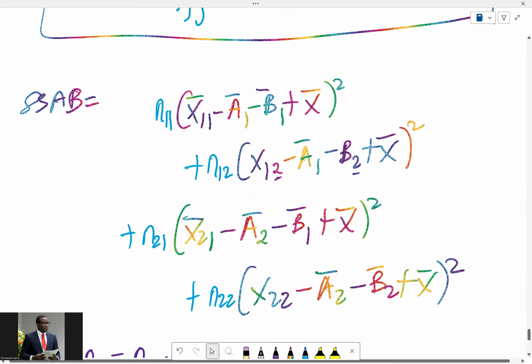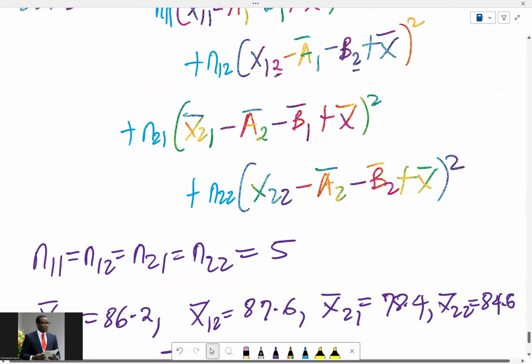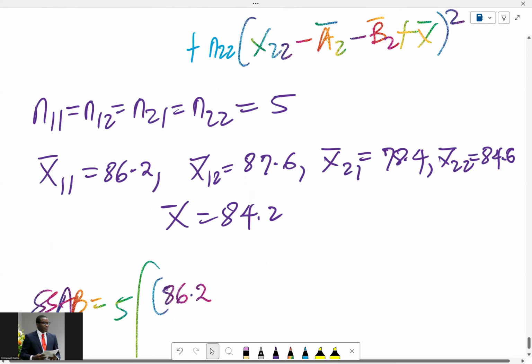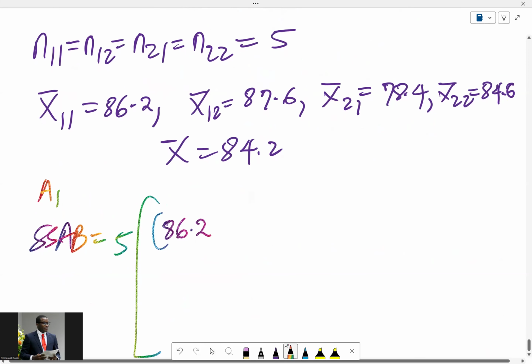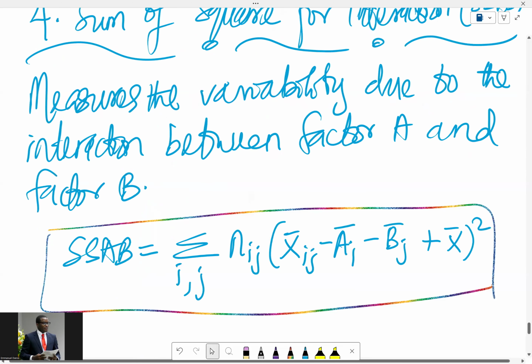We also need A1 bar, B1, all the A1 and so on. So A1 bar is equal to something, A2 bar is equal to something, B1 bar is something, and B2 bar is something. Let me see if I can bring all of them at once.